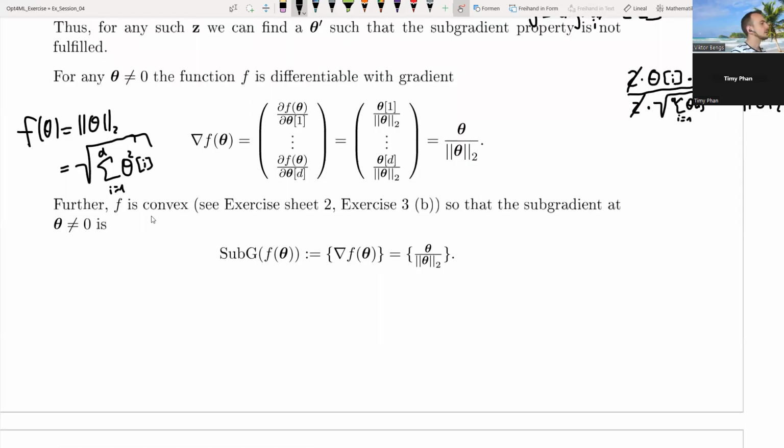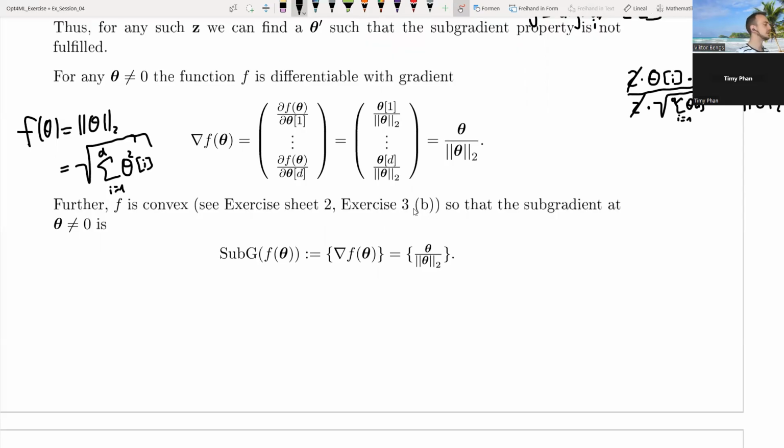And well, this function here is convex. This is what we have shown on one of the previous exercise sheets in a quite general way, where we only assumed that the function needs to satisfy 2 properties. And the remark was there that all norms on the d-dimensional real-valued numbers satisfy this property.